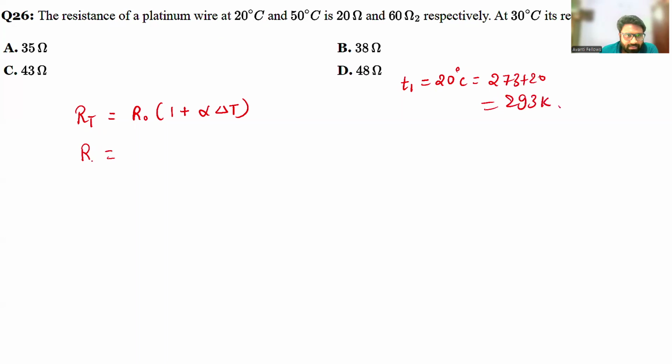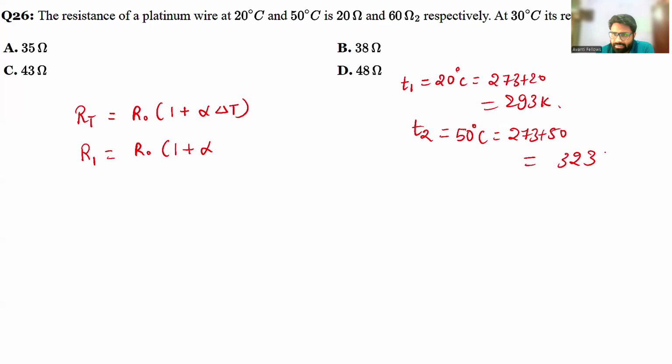So let's say R1 is R naught into 1 plus alpha into T2. Temperature 2 is 50 degrees Celsius. You also have to convert it into Kelvin. So 273 plus 50, so it will become 323 Kelvin.